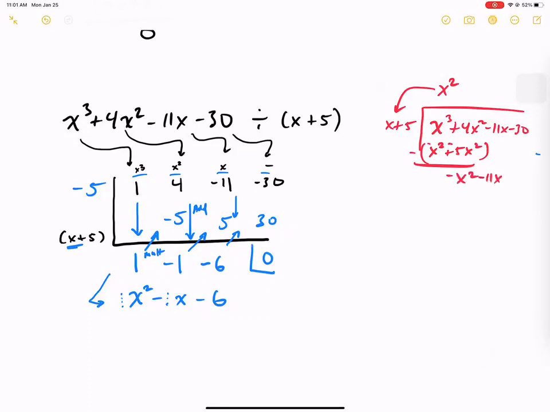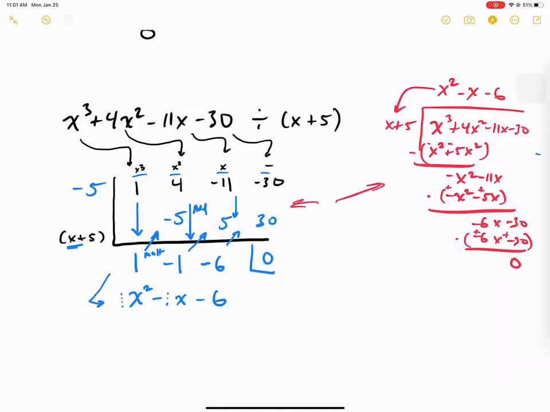Then we would follow again with match, multiply, and then subtract. And then match, multiply, and then subtract. So if you look at this, this is just pretty much 2 lines of work versus multiple lines of work. And no matter how long this is going to be, synthetic division is always just 2 lines of work.